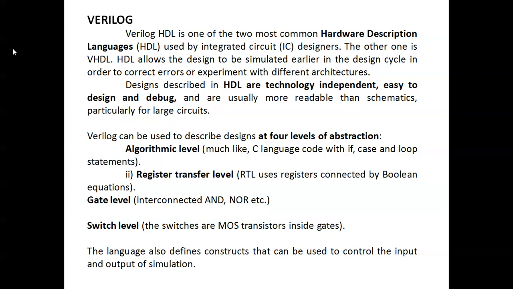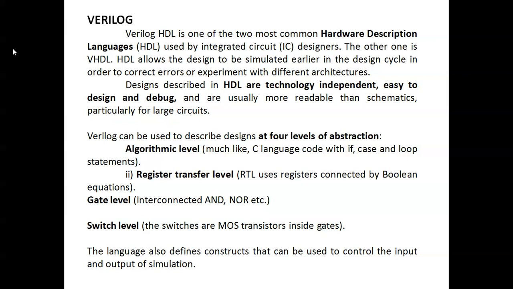The algorithmic level is nothing but C language code, with if, case, function and loop statements. Register transfer level, that is RTL, is used for Boolean equations for completing the coding part.